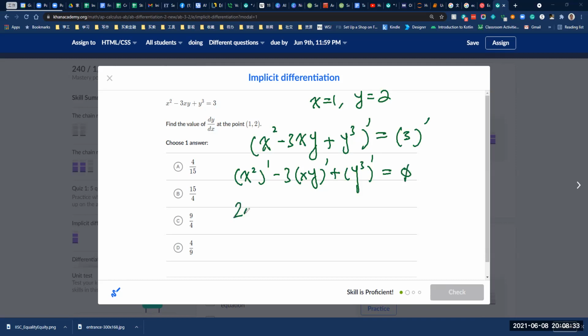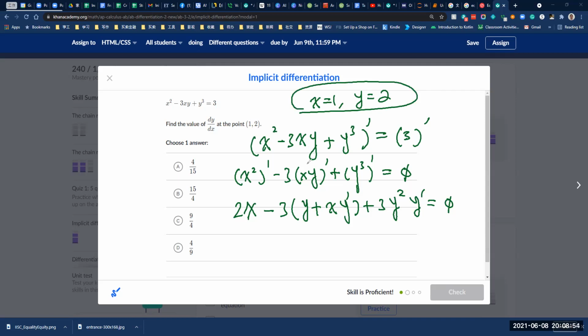So this gives us 2x, and this one is product rule. So we get y plus xy prime, and this one is just 3y squared y prime equal to 0. Now in this case, because we have the value already, we don't have to find the equation. So we just plug the number in.